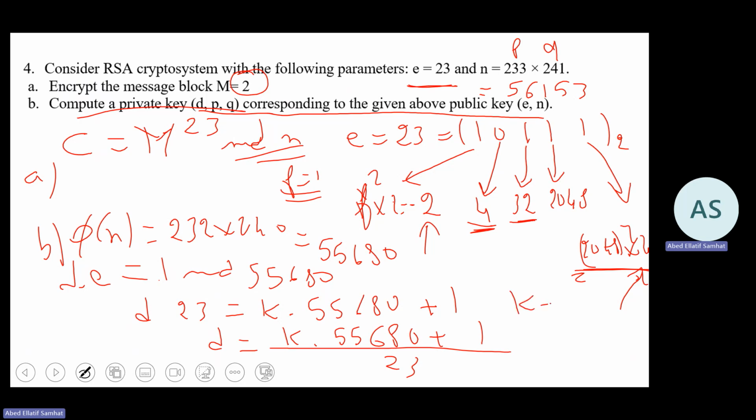Until, for example, for k equal to 8, we find that this will give an integer, and D in this case is equal to 19,319,367. You can try it also. And now you can decrypt because you have this decryption. You can decrypt and verify to obtain the value of 2.